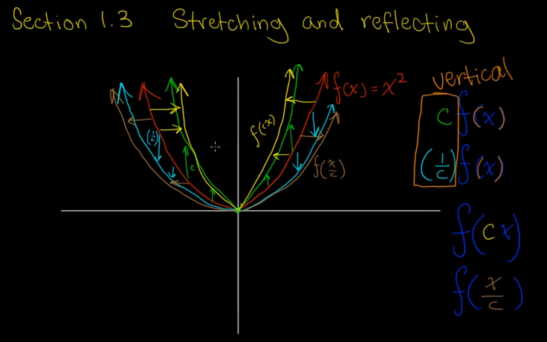Alright, so also we can do reflections, and for this I'm going to do a new graph because that was just really messy. I want to do the graph of f of x is equal to x cubed.